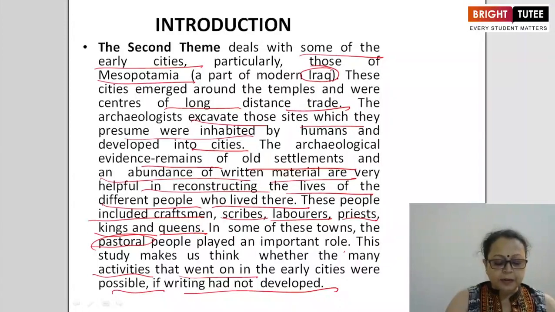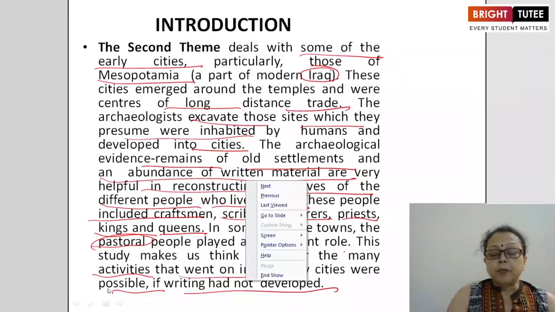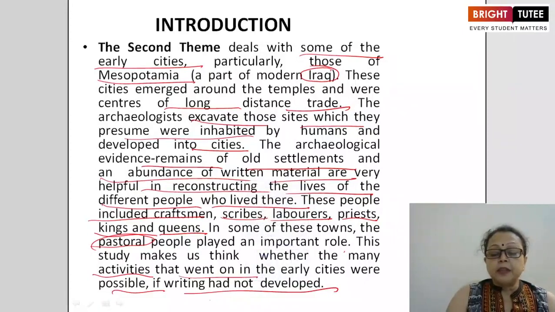If we study all these things, this makes us think whether the things which were taking place in early cities were possible if writing had not developed. Then to know about the early cities, to know about the past, it would have been very difficult.